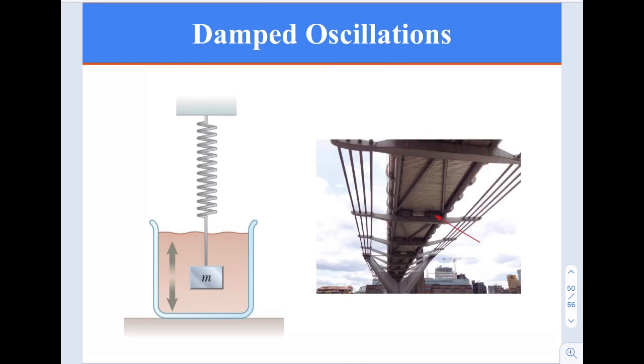The same goes for this bridge. It uses a spring attached to the bottom, so whenever the bridge swings, the vibration is absorbed by the mass spring system here, which slows down and stops the oscillation. We can apply the same thing in a car shock absorber or any other system that is going to slow down and finally stop.